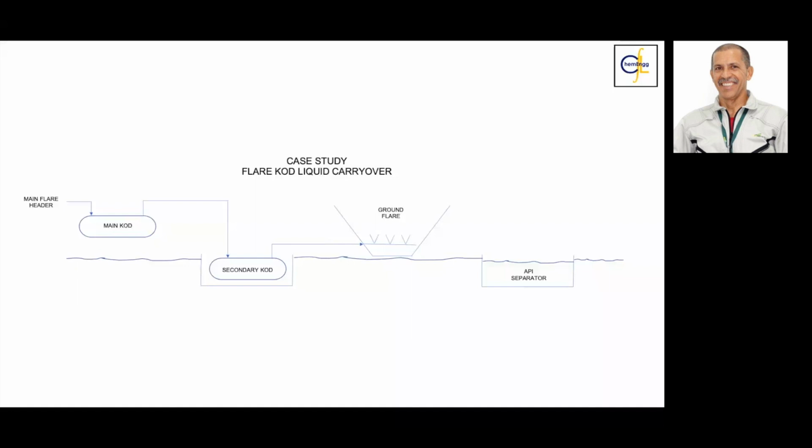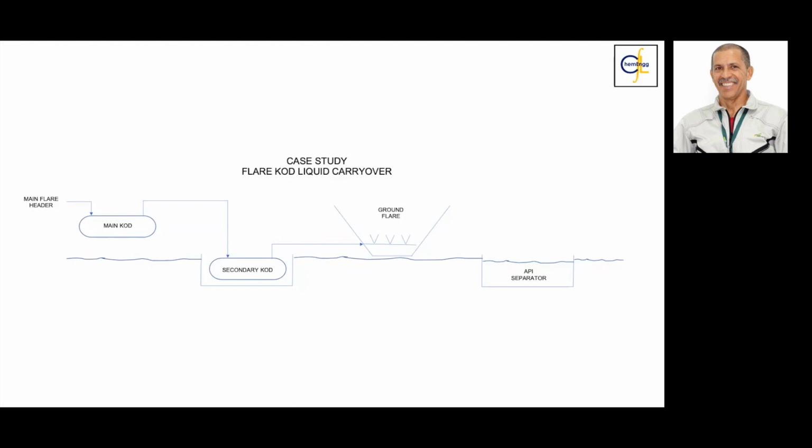So we have no problem with the flare knockout drum, so it has enough capacity to manage the liquid that is expected here and the maximum flow rate that is expected here.